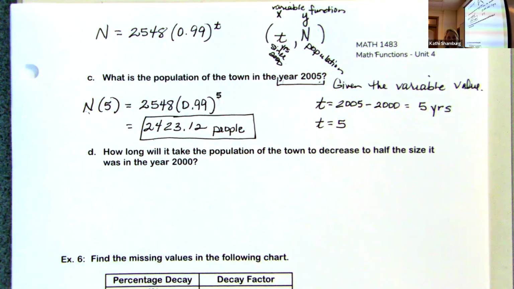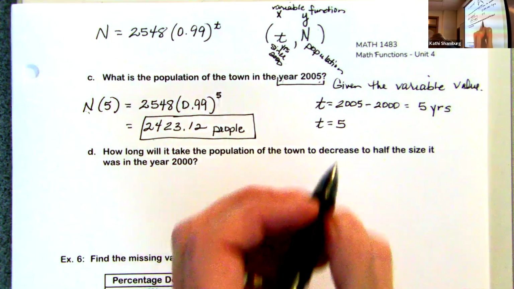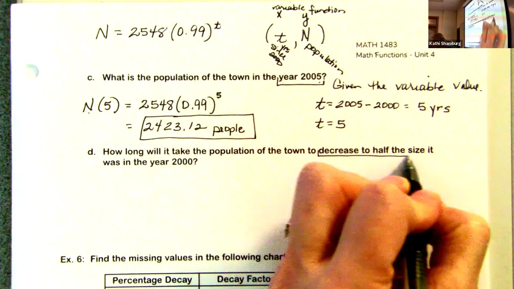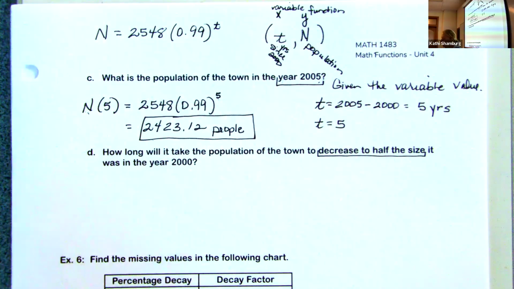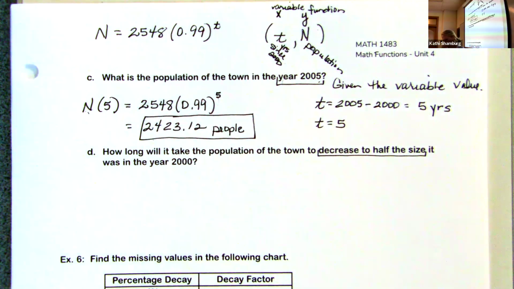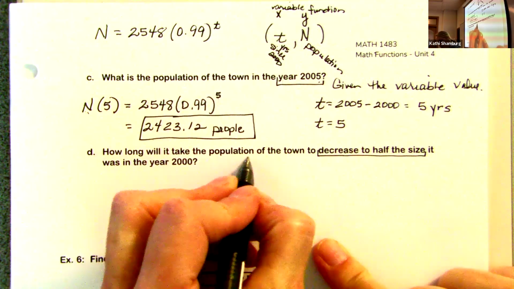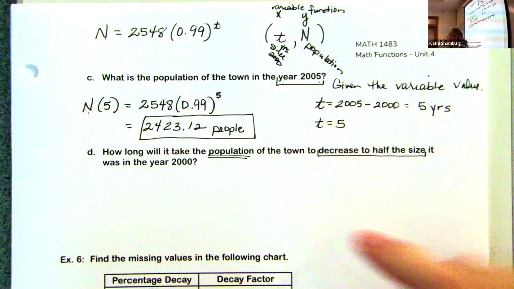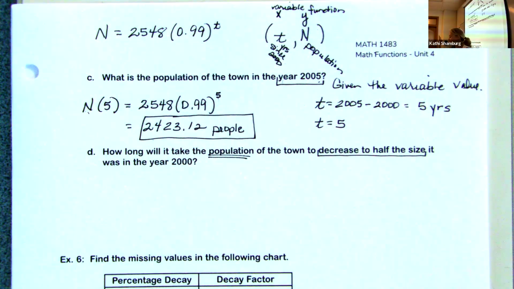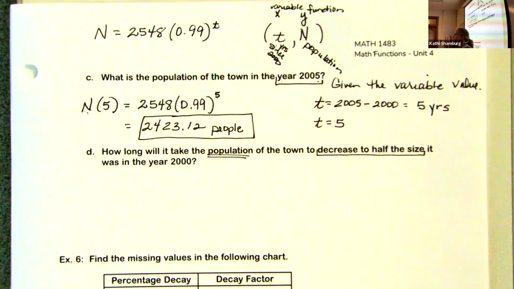All right, part D. How long will it take the population of the town to decrease to half the size it was in the year 2000? So we're talking about population. Is population function or variable? Function. So we're, quote unquote, given the function variable.